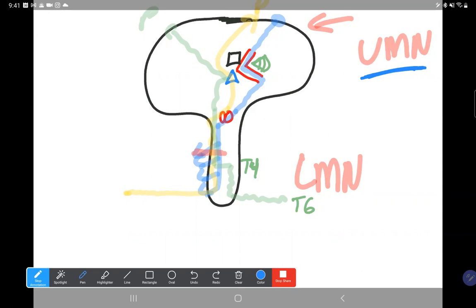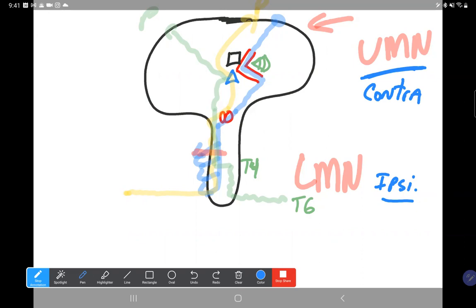Upper motor neuron lesions usually tend to be contralateral, whereas lower motor neuron lesions usually tend to be ipsilateral. Now you can take this note and try to memorize it, or just look at the image and make sense of it. Anatomically speaking, it has to be.